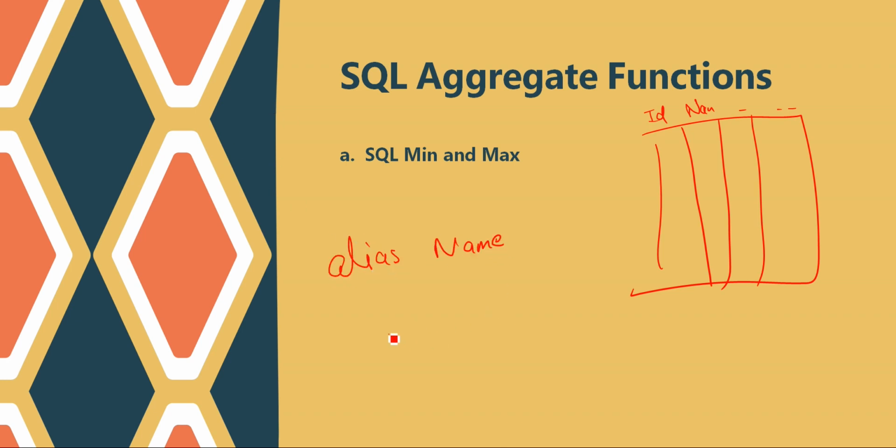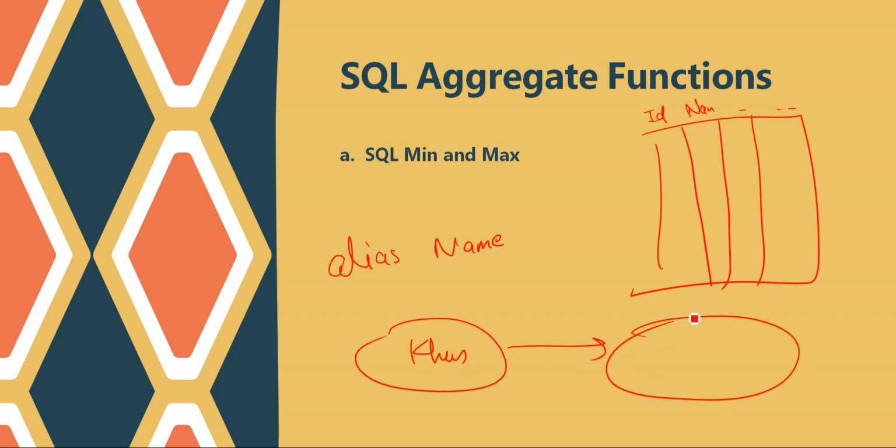Alias name is basically, let's say my name is Khushbu, but in my home, everyone is calling me with a different name, right? So this is my real name, this is my official name, but this is just for my home, just a short version of my name. Let's say everybody says KK.